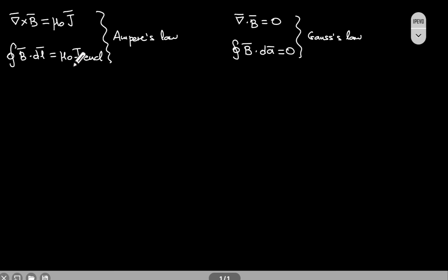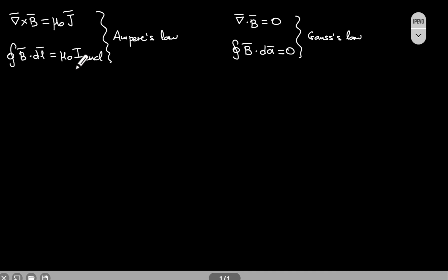A different way to use it, actually this one is somewhat similar: if you have B again and you calculate a closed path integral of B dot dl, you can find the current enclosed. Now remember, of course, the current density and the conventional current are related. That's how these two can be used in the same way.